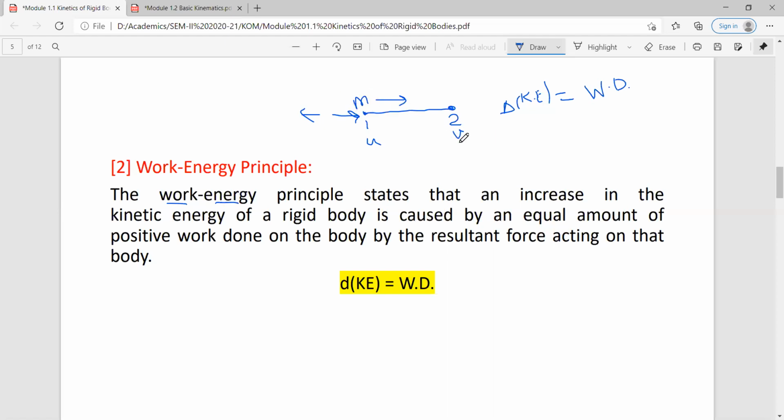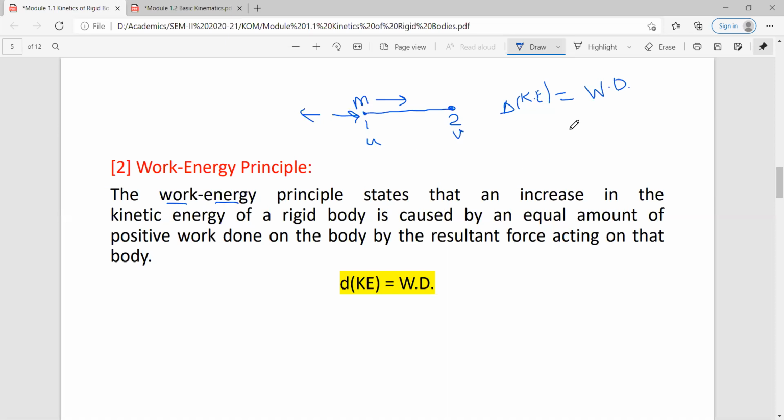So you will find that the velocity is less than the initial velocity. There will be a change in kinetic energy, and that change in kinetic energy will be equal to the work done by this opposing force.